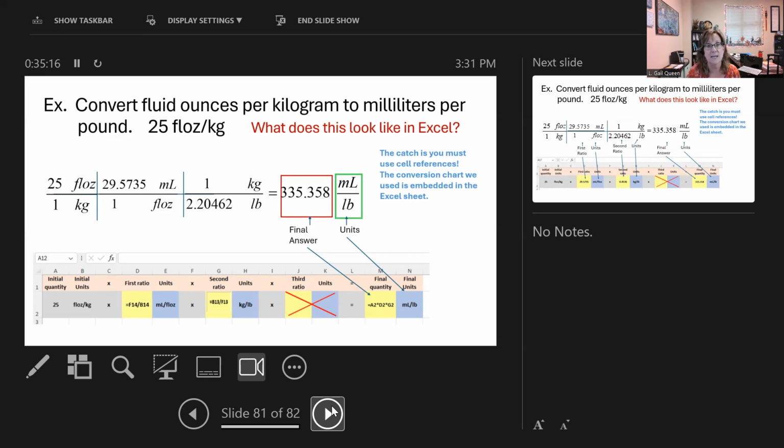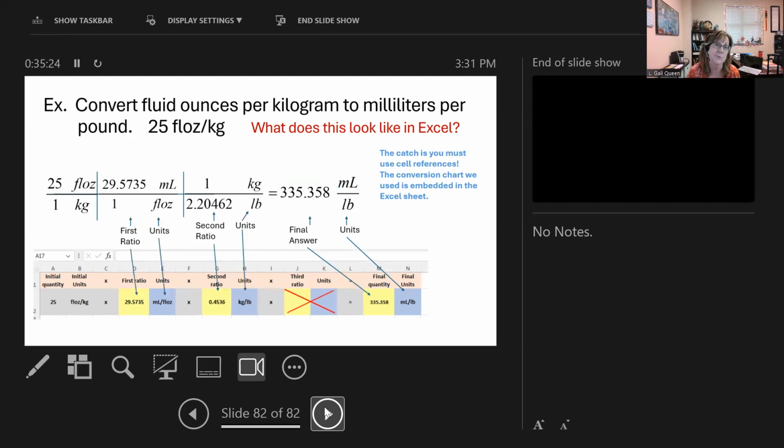All right, so I'm going to type that in, and when I hit enter after I type in that formula, Excel will do the calculation, and this is what it'll look like when Excel does the calculations. So the only thing I can warn you about here again is that you are not typing numbers into the yellow cells. They do not want you to type in numbers. They want you to type in formulas with cell references, okay?